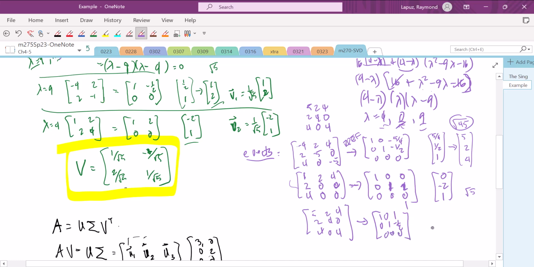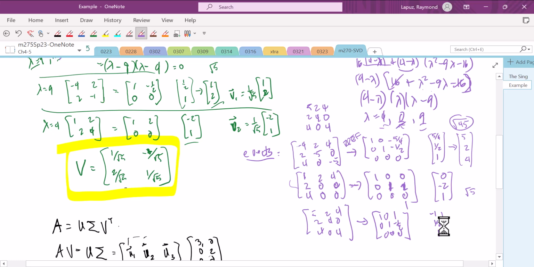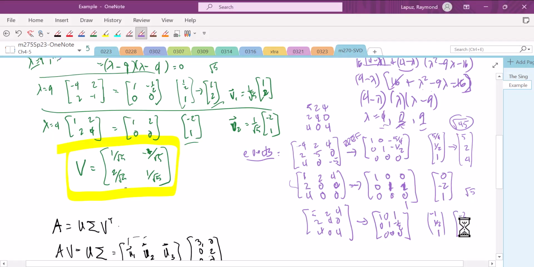And so I will get a free variable, a positive 1/2 and a negative 1. So multiply everything by 2. This will get me a negative 2, 1, 2 with a magnitude of square root of 4 plus 1 plus 4, which is 9. So that's just 3.